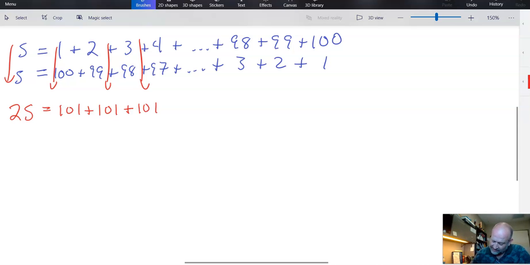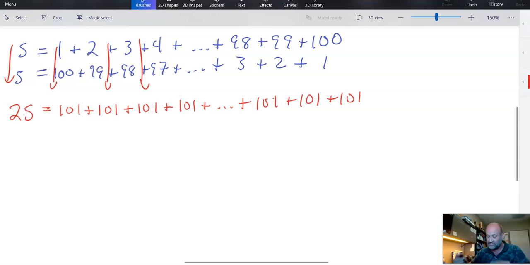And 4 plus 97 is 101. So I'm guessing you're seeing a pattern here. Going to the other end, 98 plus 3 is 101, plus 101, plus 101, right? It's 101 all the way down the line.